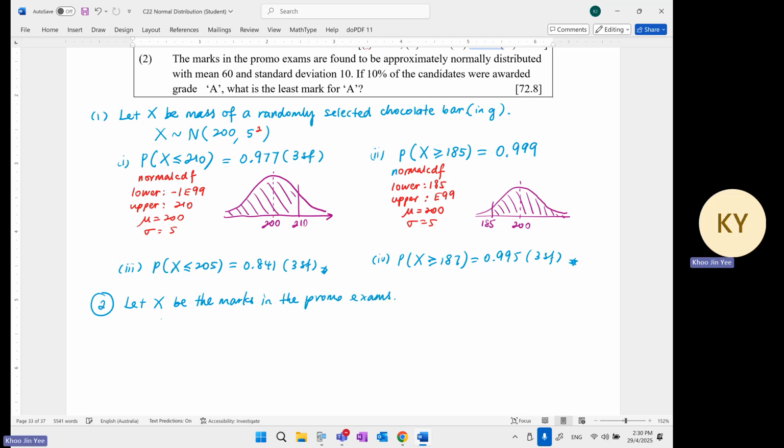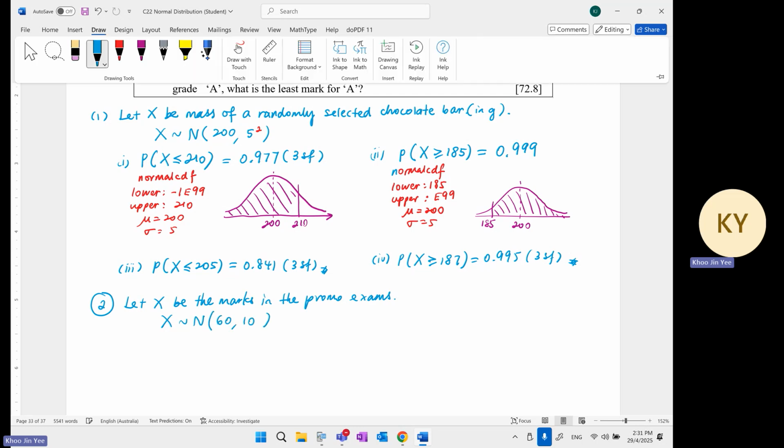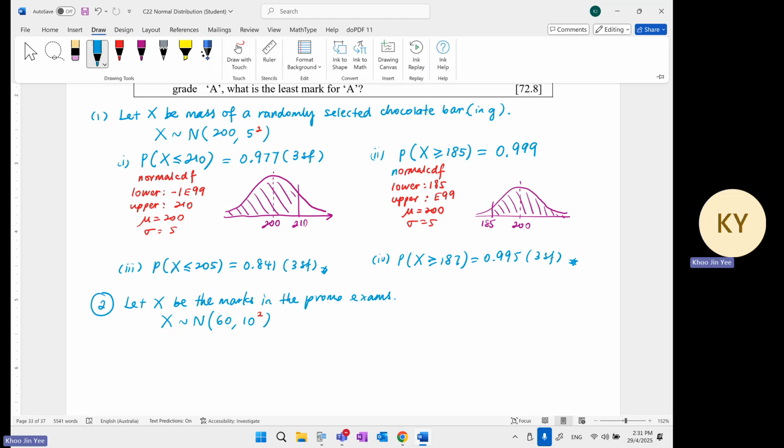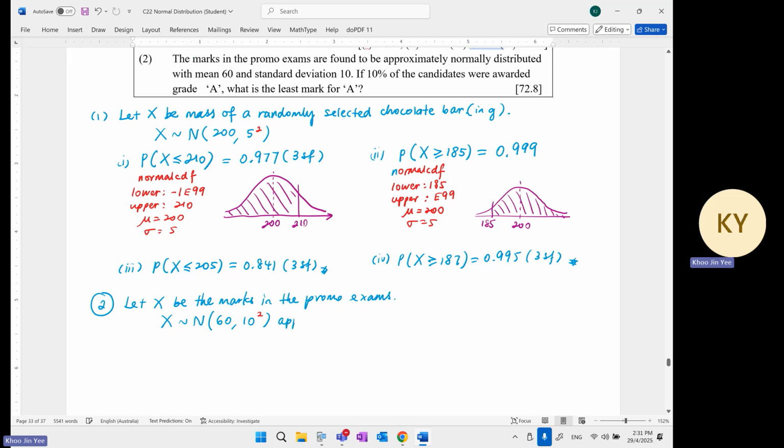Because of this, X follows a normal distribution of mean 60, standard deviation 10, but usually when we write the distribution, we write the variance. Be careful, we write the variance 10 squared. And this is approximately normal, so I'm going to put approximately.